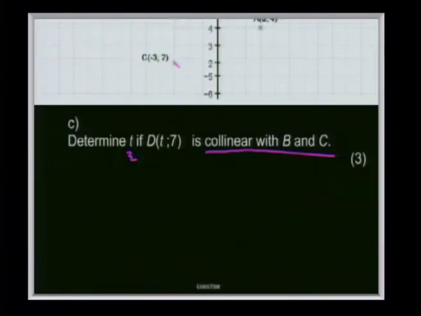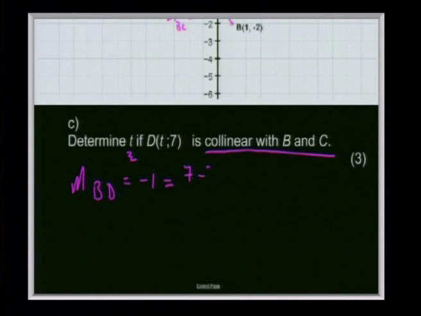Yes, it's got to be -1 as well. So I'm going to use the point B, and I'm going to say the slope of BD is -1. And I'm going to do a calculation. From 7 minus -2, D I've taken as the first one, over T minus 1.